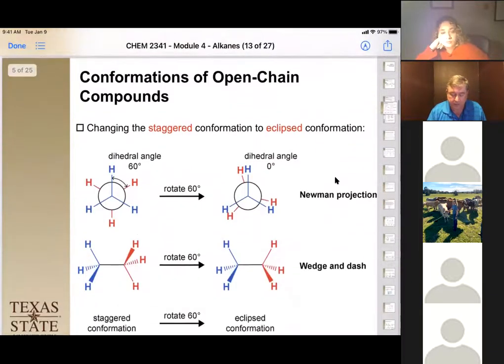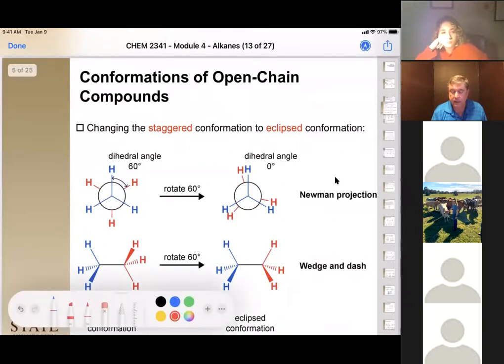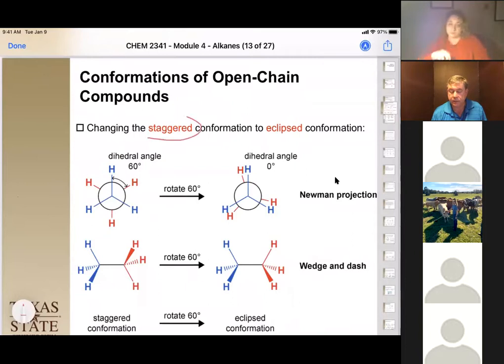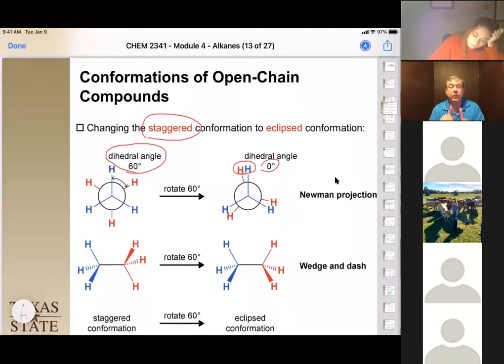Okay, so we saw that the first conformation we had, where they were all evenly spaced, is called the staggered conformation, and that has a 60-degree dihedral angle. However, if we rotated the red hydrogen 60 degrees counterclockwise, they would start to have a dihedral angle of 0. Those hydrogens are going to be in line with each other.